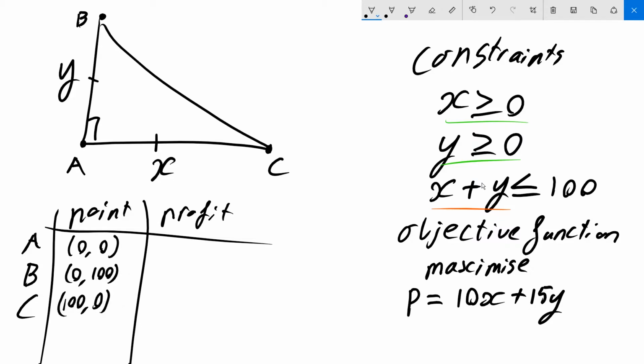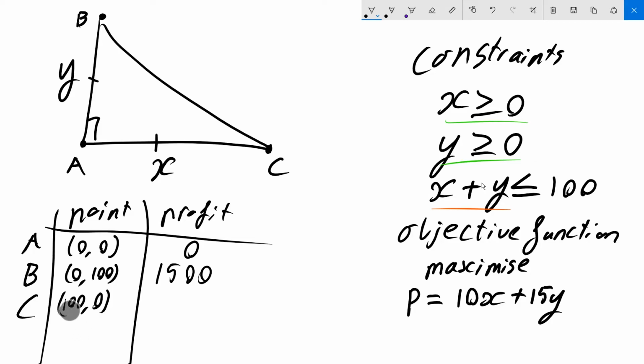So if we were at 0, 0, we would have no money, none at all, no profit. If we were at point B, well, we would have 100y, so we would have 15 times 100, $1,500.